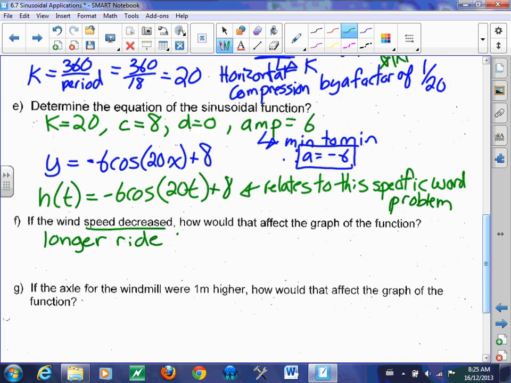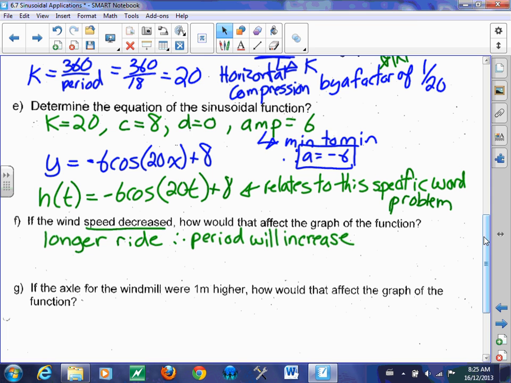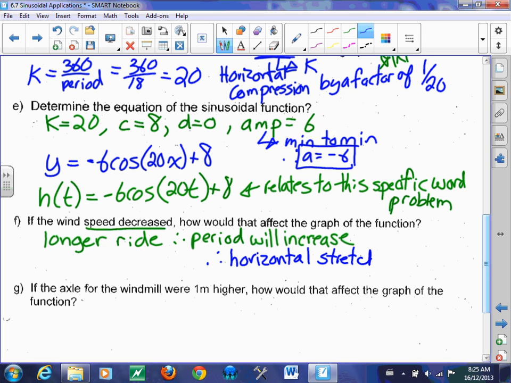So therefore, the period will increase. That's telling me about the graph. But what effect will it have? If the period will increase, that means we're actually stretching in a horizontal direction. So therefore, we're going to have what's called a horizontal stretch.